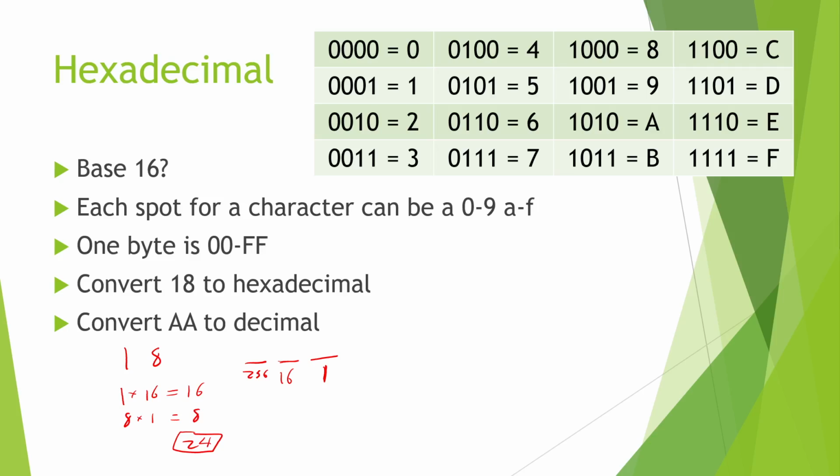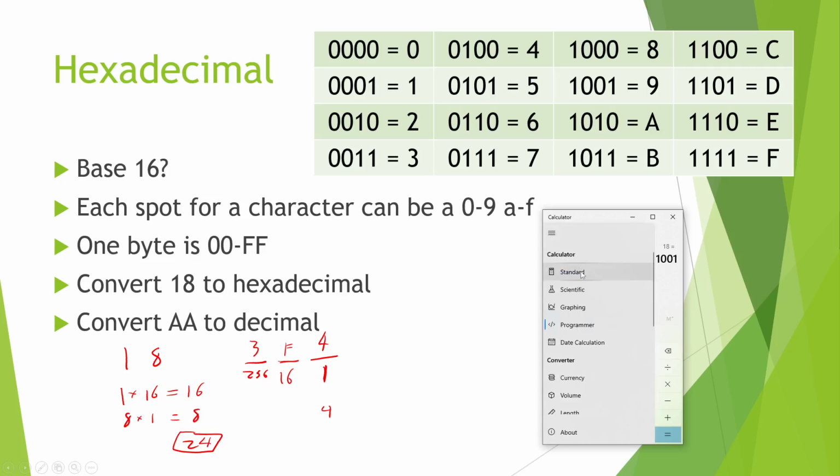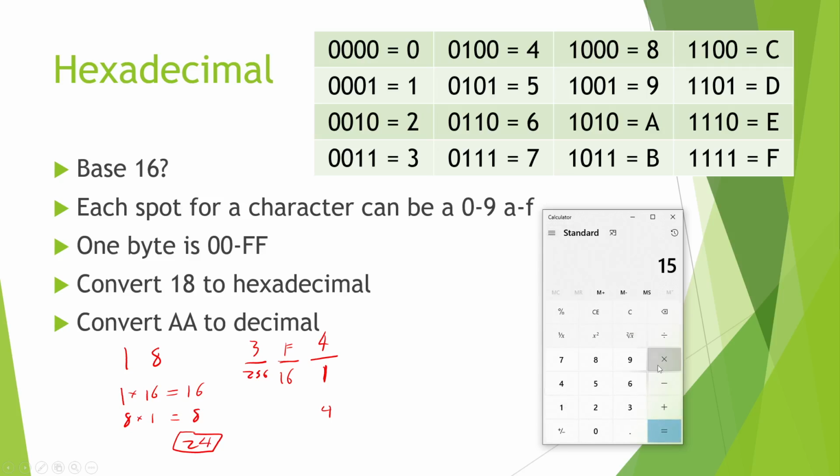You take whatever the value is in the space here, right? So we put like 300 F4. You would say, well, 4 times 1 is 4. F, 15 times 16, I don't know that number off the top of my head. That one's not quite in my stored. I gotta go back to a normal mode now. 15 times 16, that equals 240.